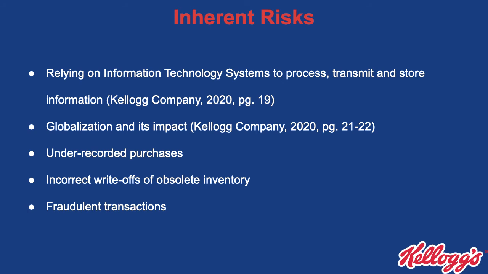Thirdly, we have underrecorded purchases, which would impact our accounts, incorrect write-offs of obsolete inventory, which would impact the inventory accounts. And lastly, we also have the inherent risk of fraudulent transactions. Now, here's why this is so crucial. It's because when you have a volume of transactions, the risk is heightened, and you have employee theft of inventory.